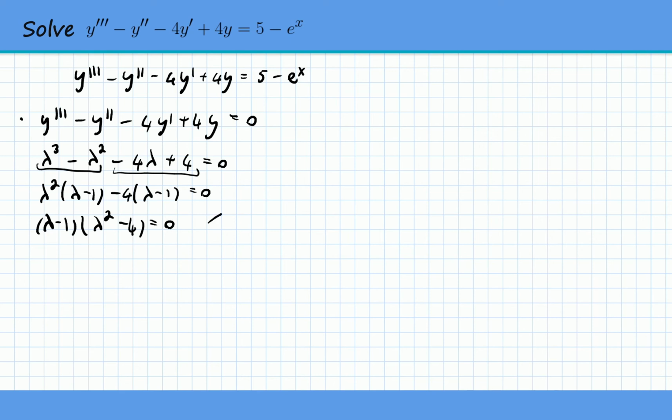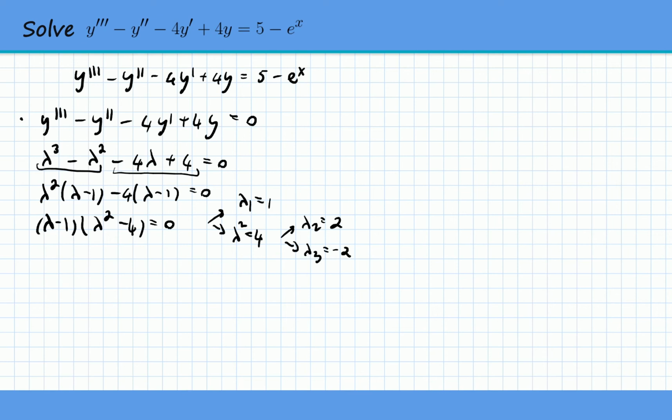So my solutions are going to be lambda 1 equals 1, and then from lambda squared equals 4, a second solution equal to 2, and a third solution equal to minus 2.